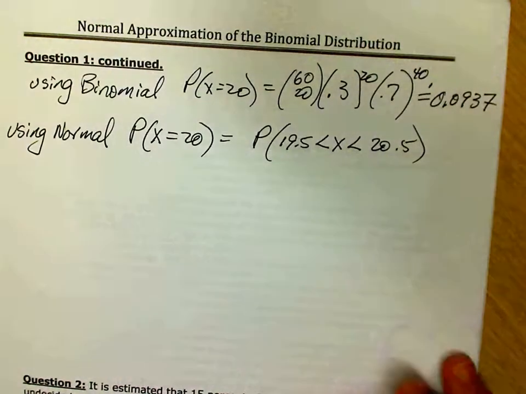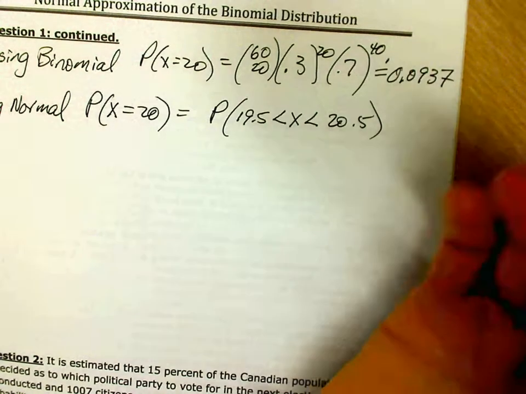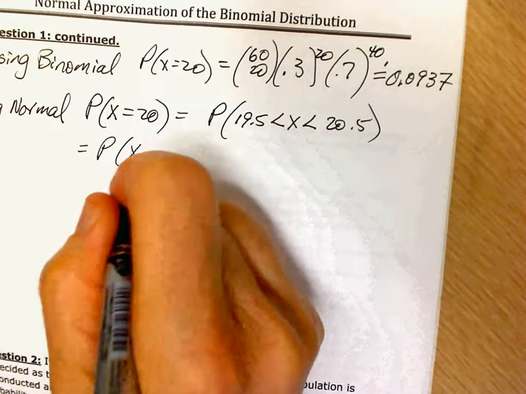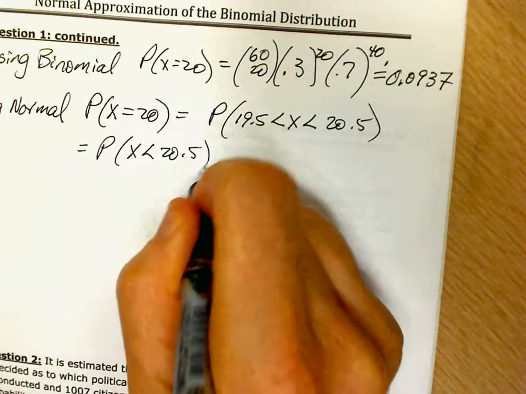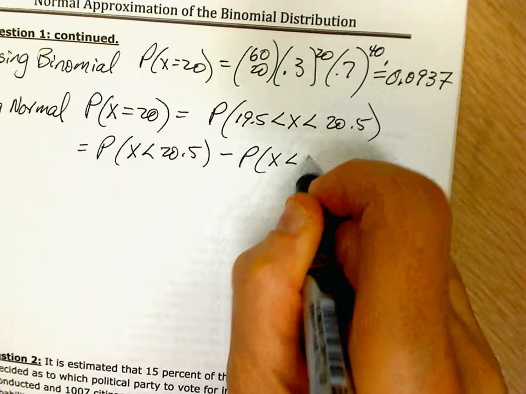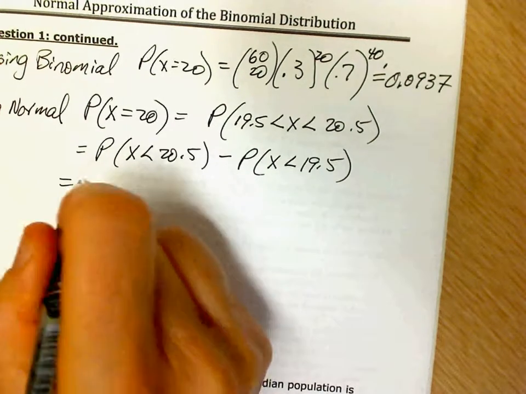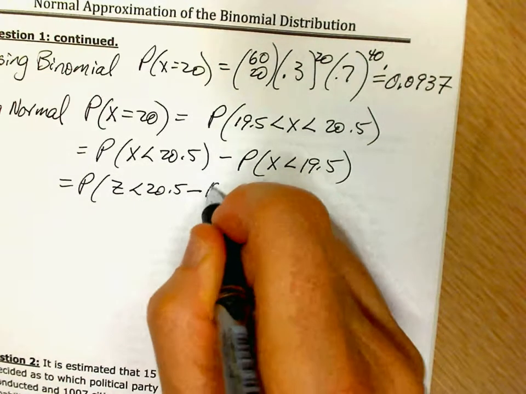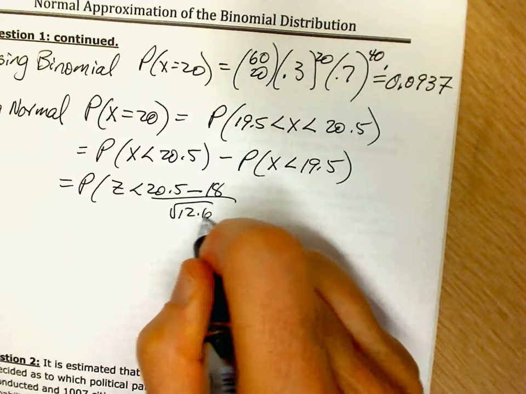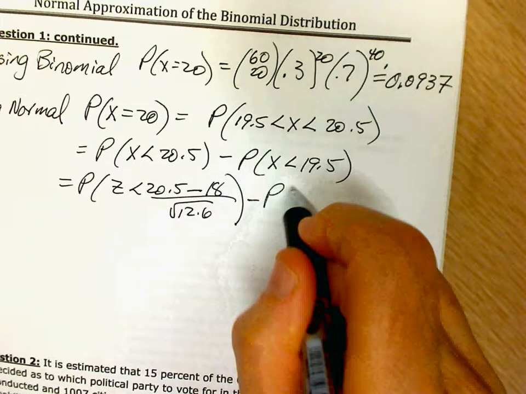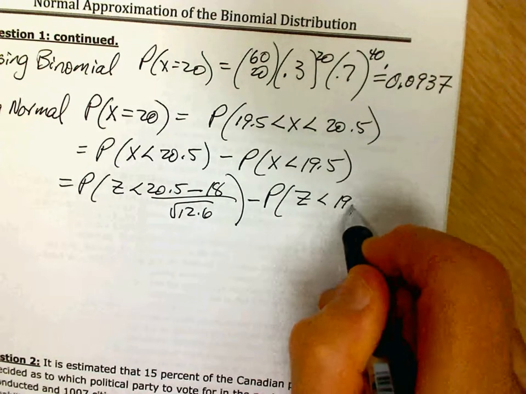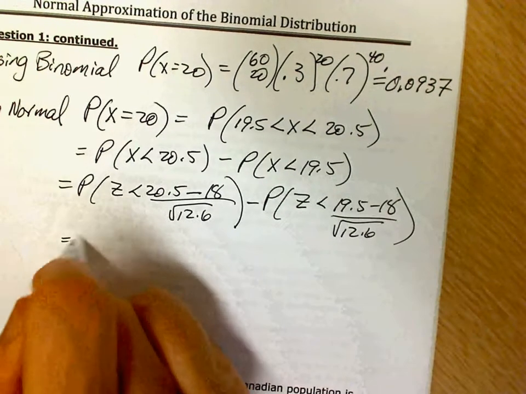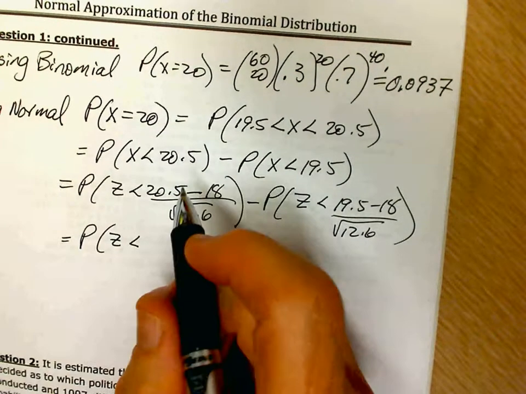This is going to be the probability x is less than 20.5 minus the probability x is less than 19.5. Calculate your z-scores: 19.5 minus 18 over the square root of 12.6.